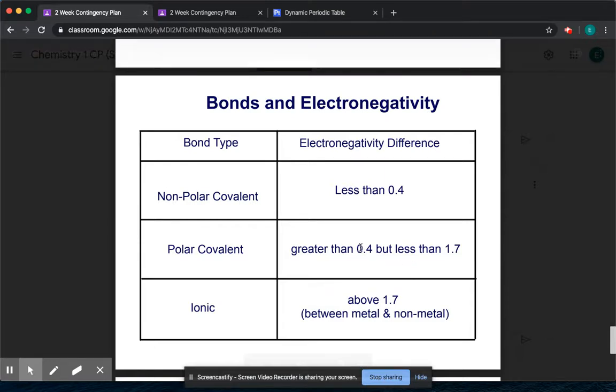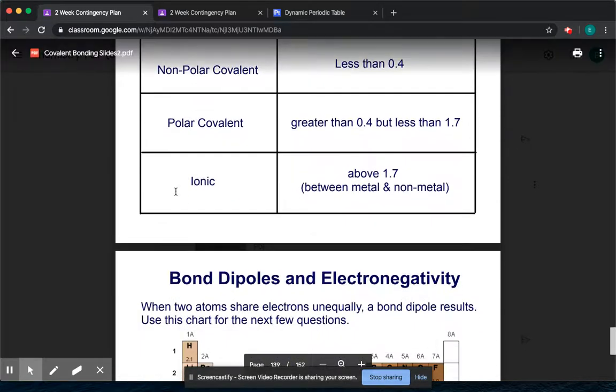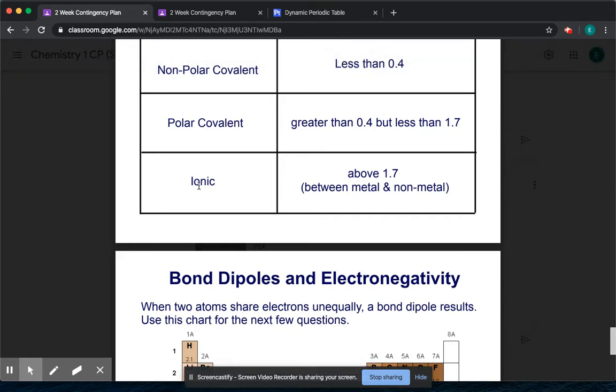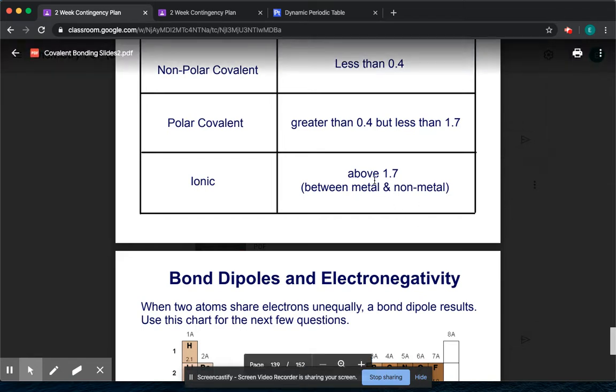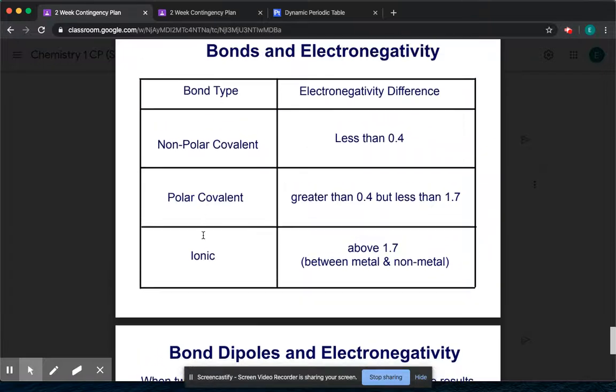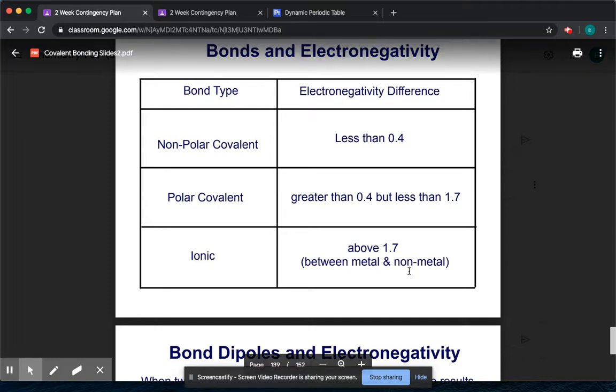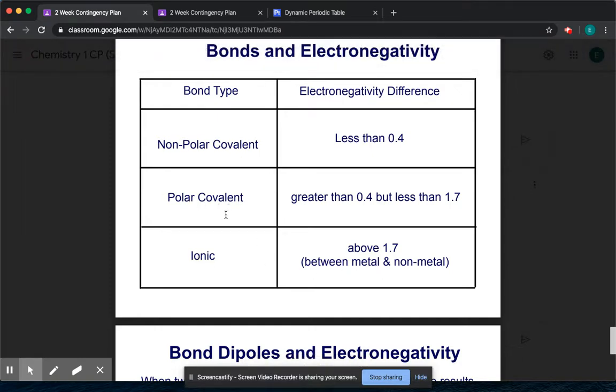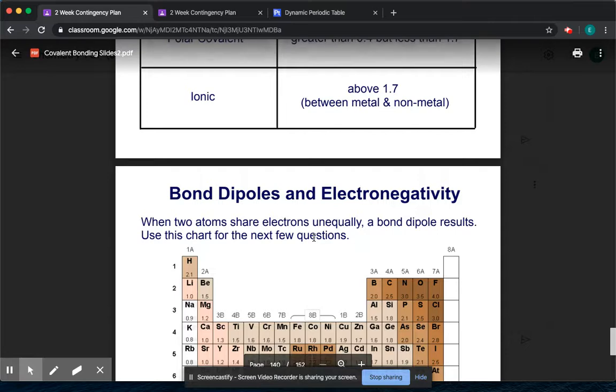If it's between 0.4 and 1.7, then you have a polar bond, and if it's above 1.7, you have an ionic bond, which is the topic we were covering before the school closure. And you only get these between metals and nonmetals. Ionic is the strongest type of bond in terms of the pull, and that's between metals and nonmetals. But for covalent, you either have nonpolar or polar.